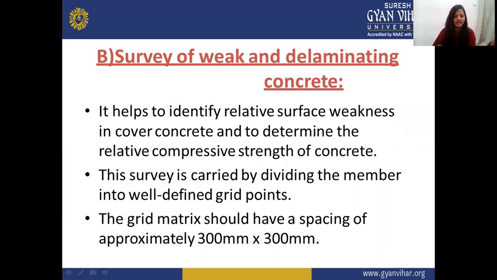It helps to identify the relative surface weakness in cover concrete and to determine the relative compressive strength of concrete. This survey is carried out by dividing the member into well-defined grid points. The grid matrix should have a spacing of approximately 300 mm by 300 mm.